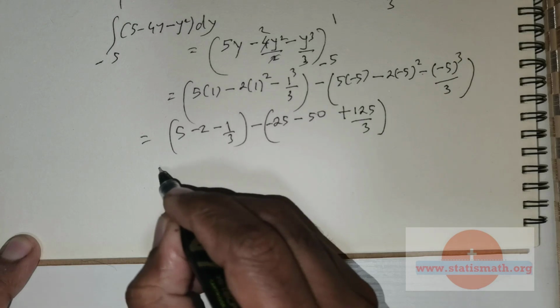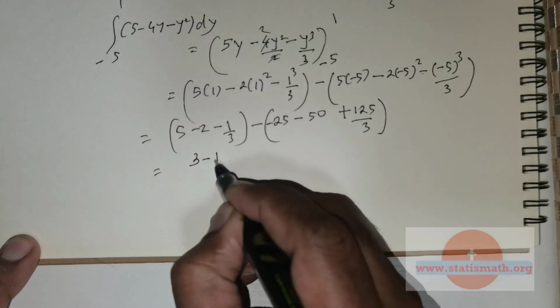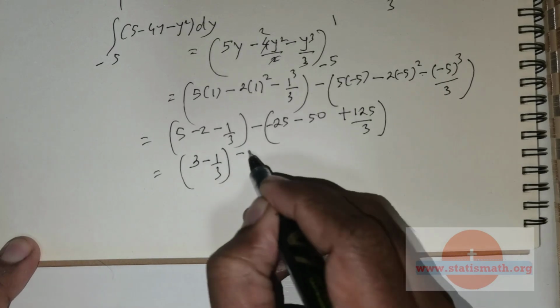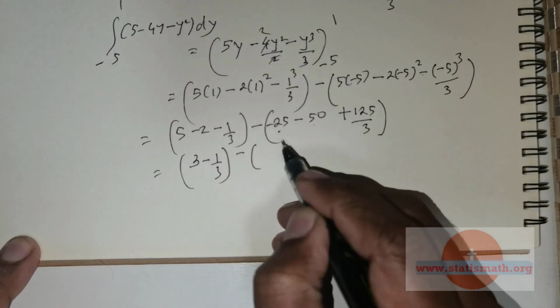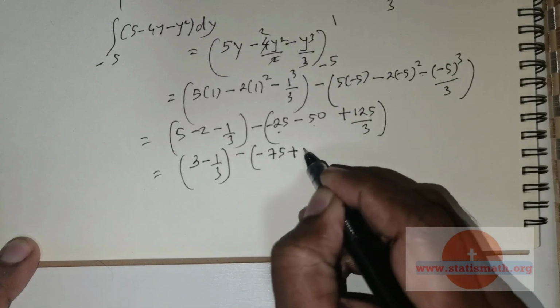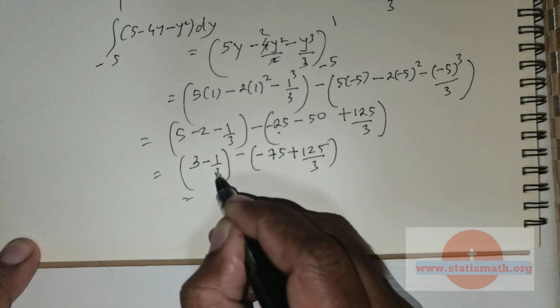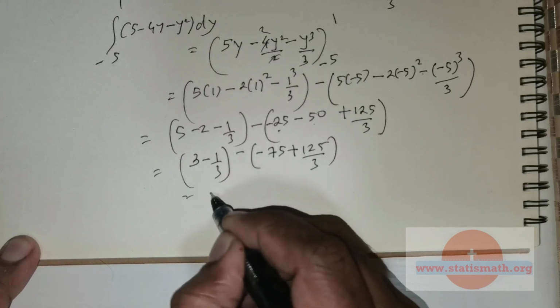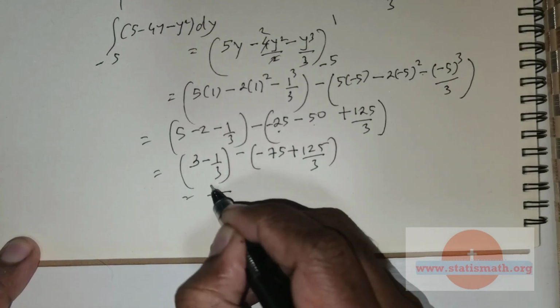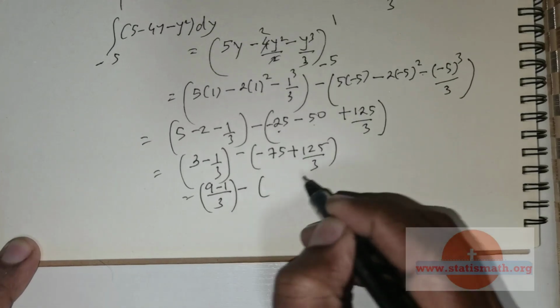Now this is equal to 5 - 2, which gives you 3, minus 1 over 3, minus: -25 with -50 is -75, plus 125 divided by 3. Now this is 3 - 1/3, so I can take the LCM here. That's going to be 9 - 1 over 3, followed by the negative sign.